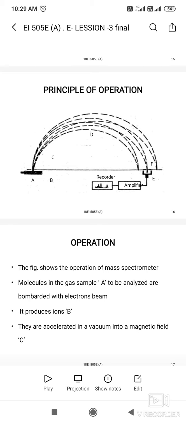In the mass spectrum, the area under each peak gives the different species or ions present in the sample, which can be analyzed. The mass spectrometer works on the principle of mass to charge ratio.